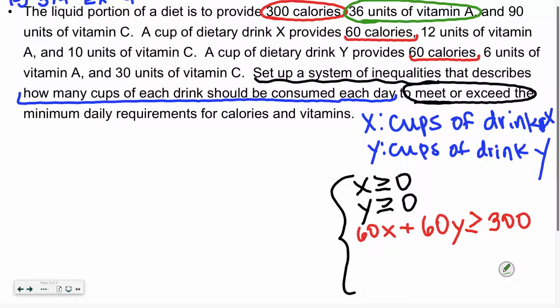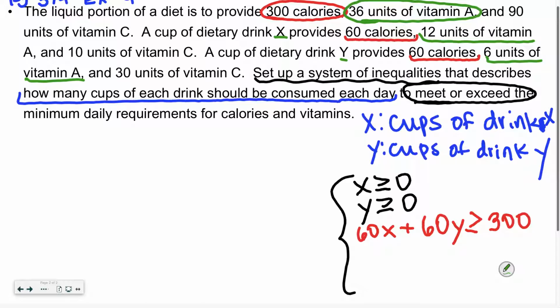I think they typically do either grams or milligrams, depending on what they're talking about. But here we just said units. We won't even get into which system we're using. Okay, so 36 units of vitamin A would be our diet requirement. Drink X provides 12 units of vitamin A, and drink Y provides 6 units of vitamin A.